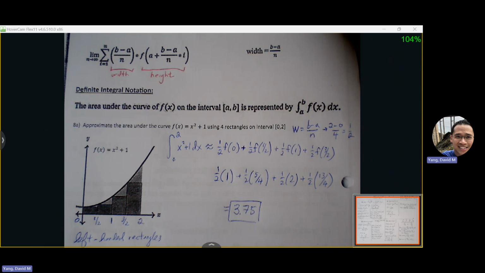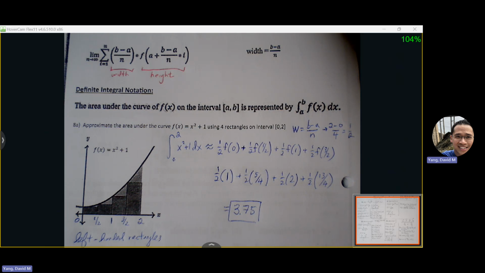This a, f of a, means it's starting at whatever the left endpoint is, and then this b minus a over n times i is basically going to keep adding the width over and over again to get to the next value, then plug in to find the height, and then it continues to increment. So this is the engine that is allowing this number to continue to increase.